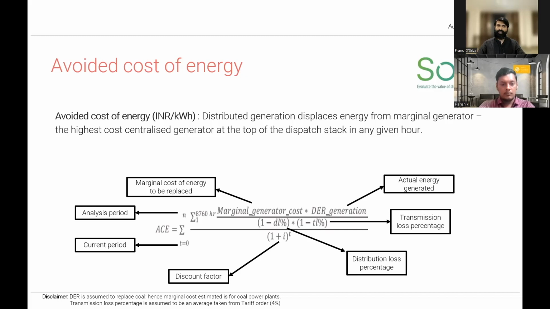So we take the marginal cost that is paid for the electricity supplied by the thermal generator, and we replace whatever units are generated by the DER locally. We apply the distribution loss as well as the transmission loss and determine the cost per unit of electricity that is being avoided by integrating distributed energy resource on the distribution network.